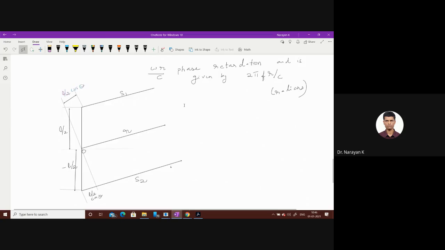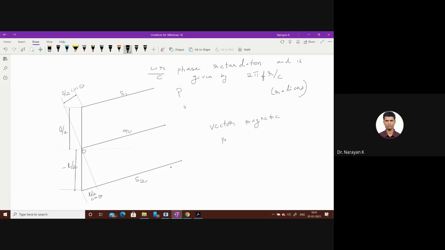Quickly write down the vector potential at point P. Your point P is somewhere here where all these lines are reaching. All this you have learnt in field theory, if you remember.